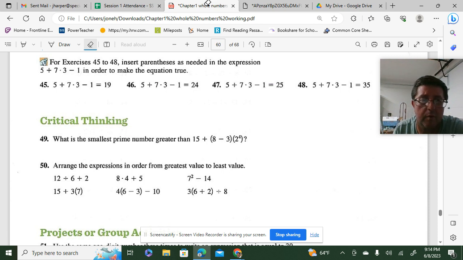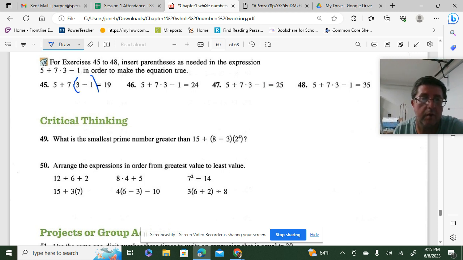Then we would do 3 minus 1, which would equal 2. Oh, I see.